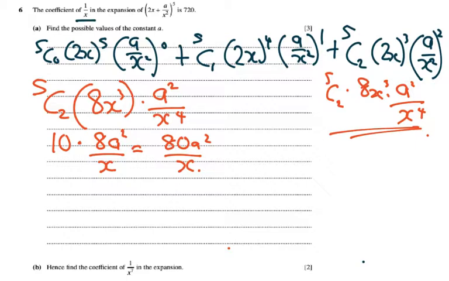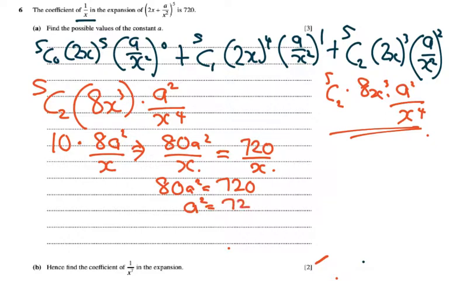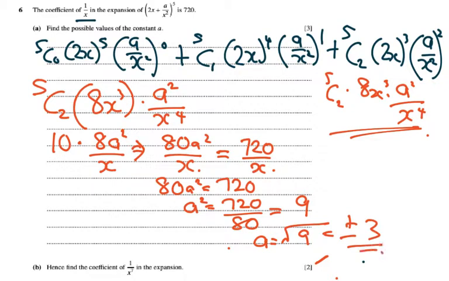Since it says the coefficient of 1 over x, I'm going to write this as 720 over x. If I take out the x, 80a squared equals 720. So a squared equals 720 divided by 80, which is 9. So a equals the square root of 9, which is plus or minus 3. Those are the possible values.